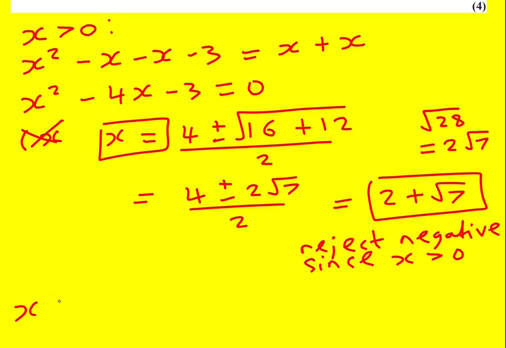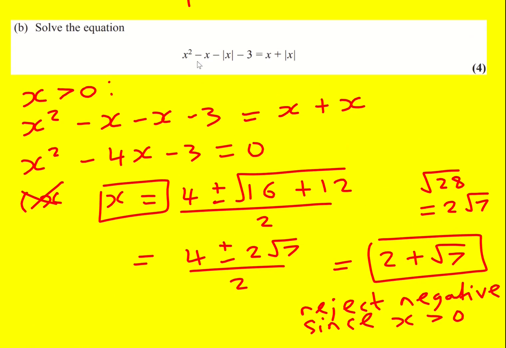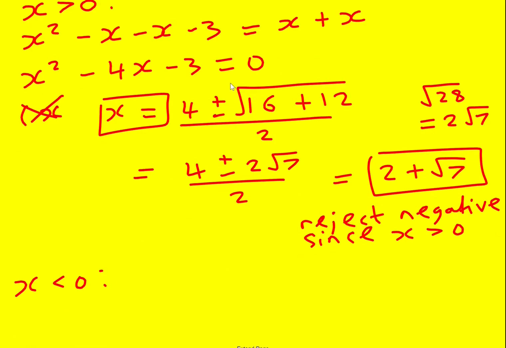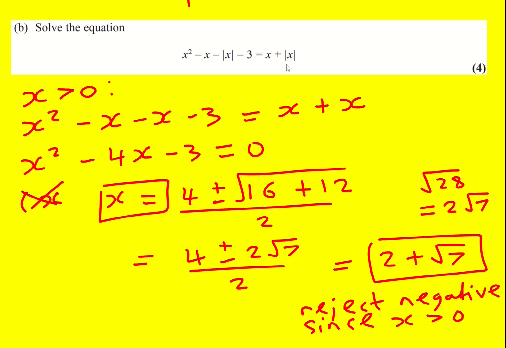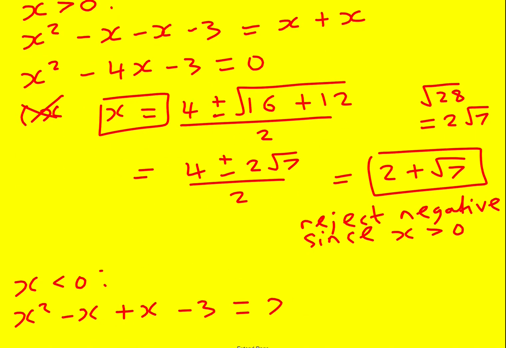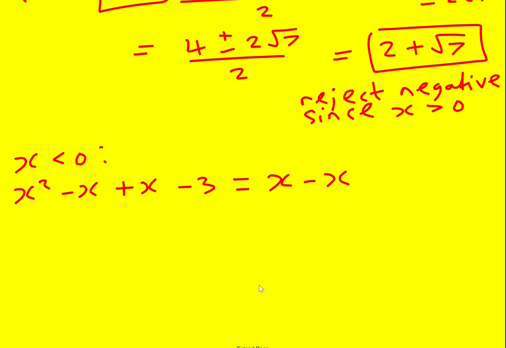That just leaves us with looking at x less than 0. And now it's going to be x squared minus x. Again, then it's going to be plus x for the modulus function, minusing 3. And then I'm going to get x minus x here. So suddenly it all cancels, and I've just got x squared. Right, those cancel, those cancel. I'm just getting x squared minus 3 is equal to 0.